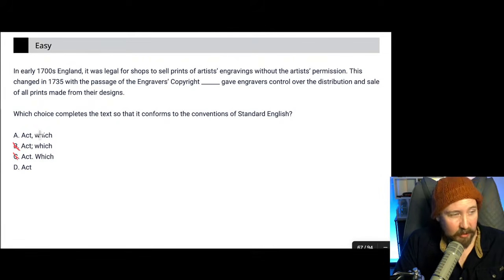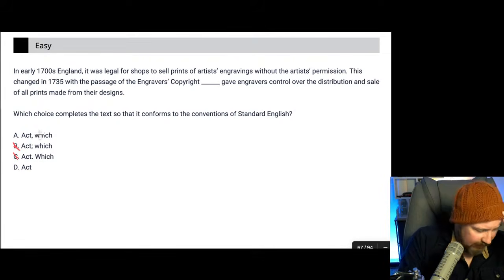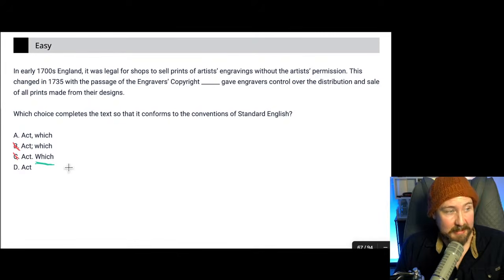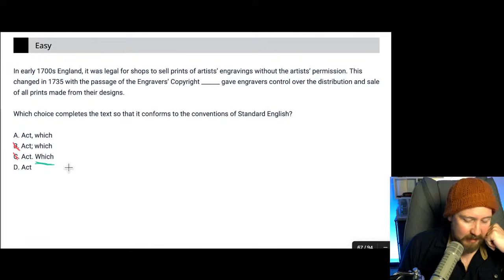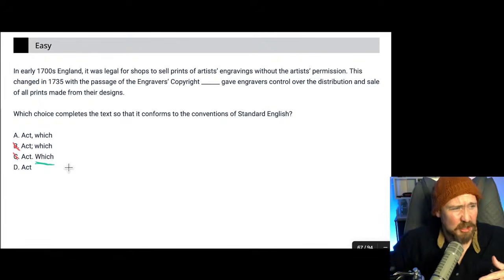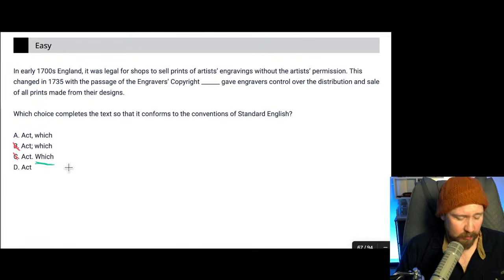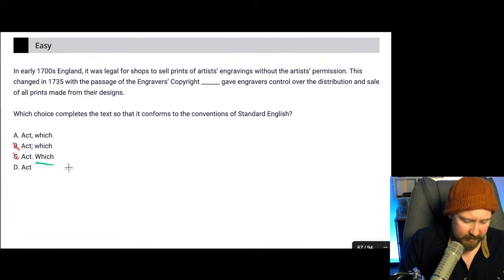So now we have to consider our other rules. I already said that the word which ruins the full sentence, and what it does is it actually adds a little bit of non-essential information at the end. We are totally allowed to have a full sentence and then a little statement with which, as long as we have a comma after.